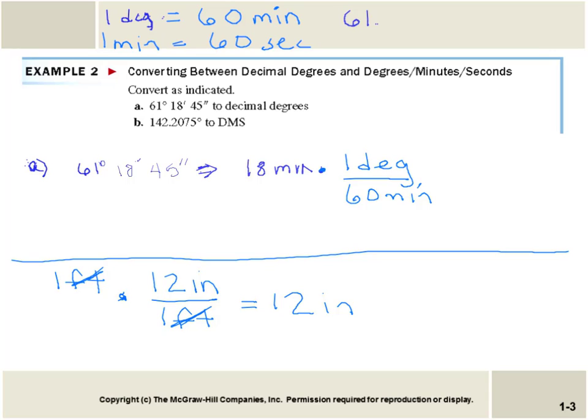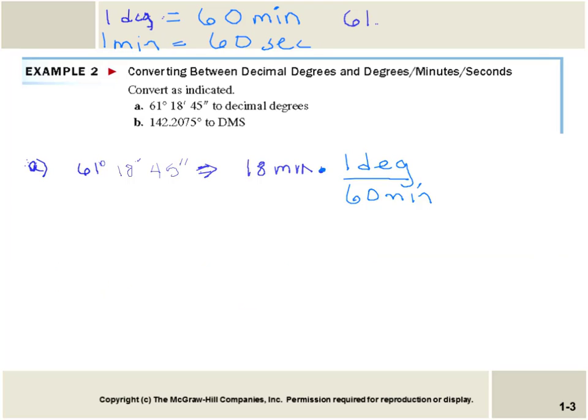All right. So now what we're going to do, let me just delete this. Okay. So now I can say that 18 minutes is equal to 18, my minutes cancels by minutes, and this is a calculator problem.